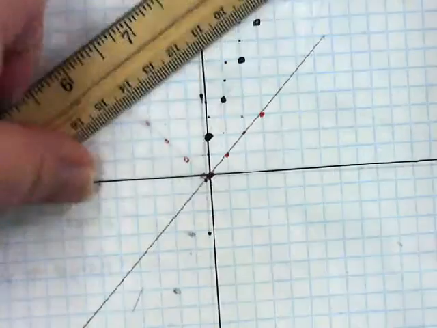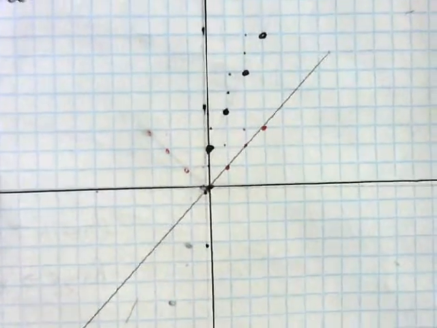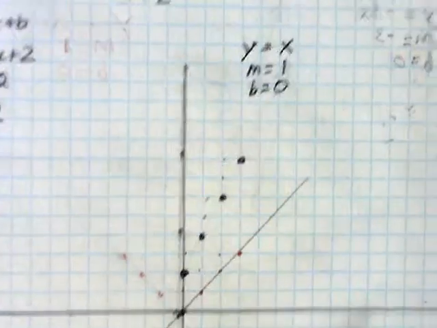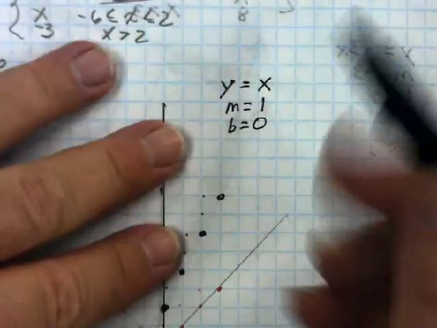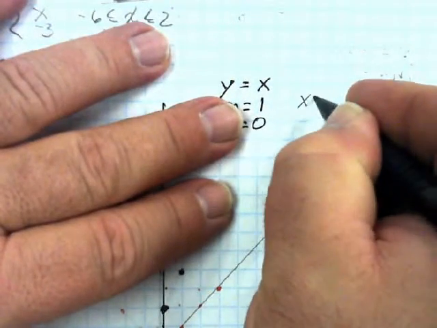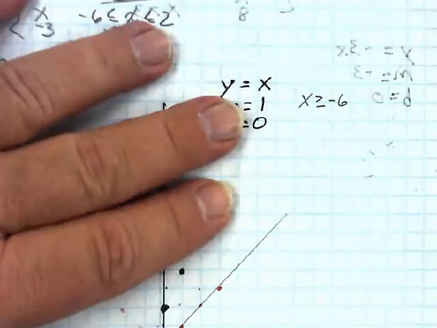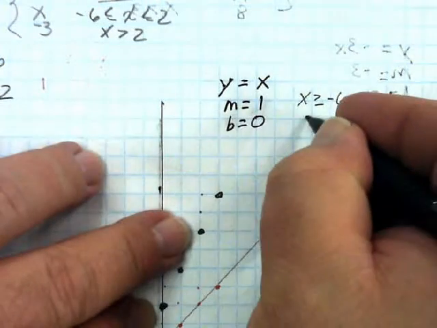What was the restriction? If I rewrote it, x has to be greater than or equal to negative 6, and at the same time, it has to be less than or equal to 2.